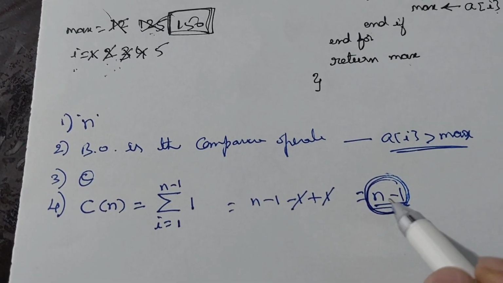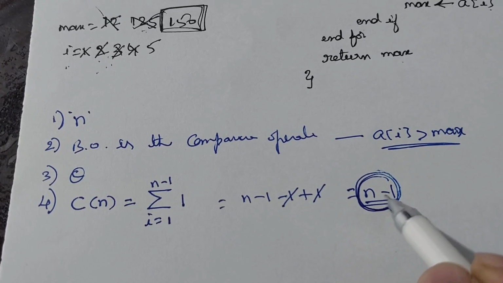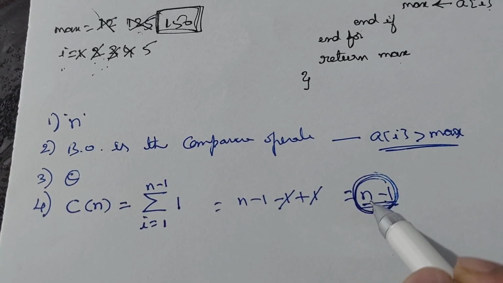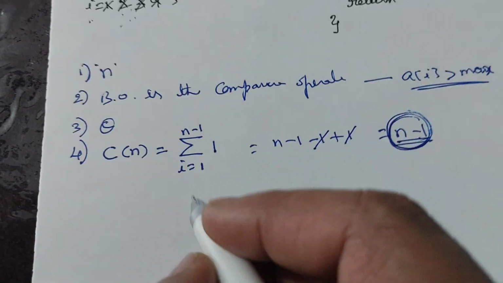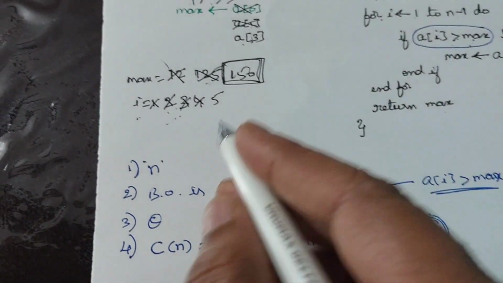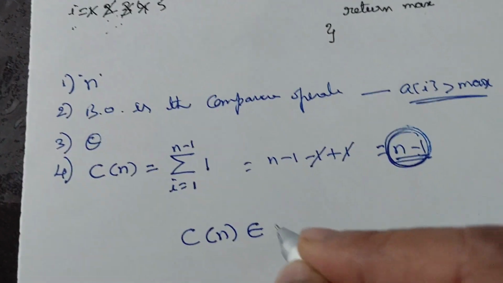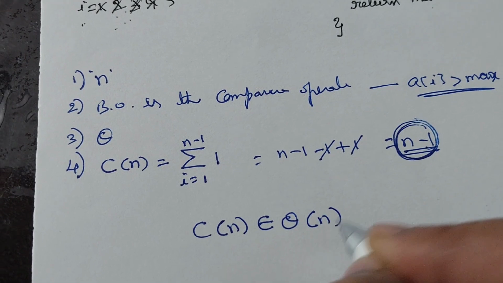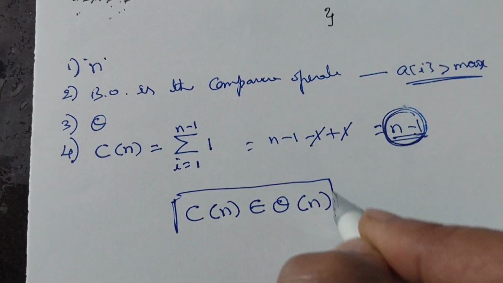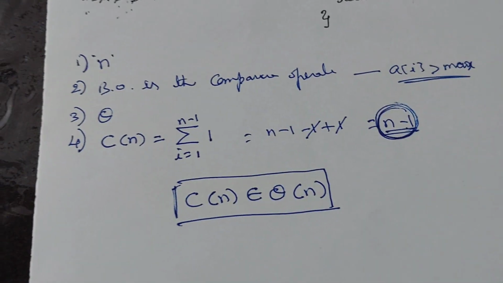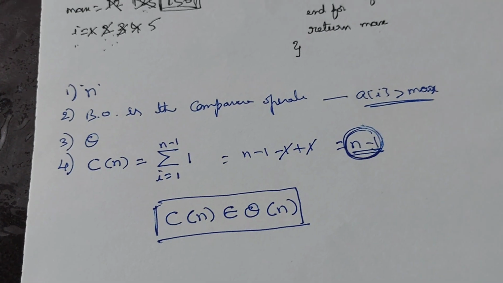But out of n and n minus 1, the most dominating term is what? n. So, since we are finding only the average case, C of n belongs to big theta of n. So this is the time complexity of this algorithm. Hope you people understood.